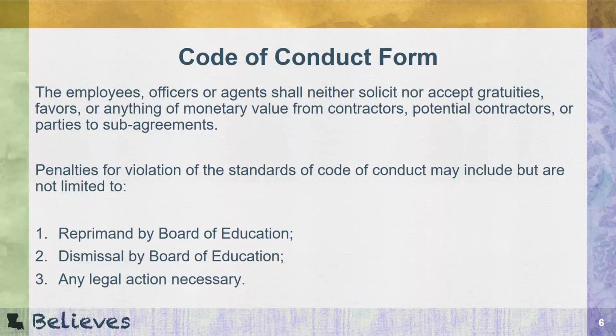Penalties for violation of the standards of code of conduct may include, but are not limited to, reprimand by the Department of Education, dismissal by the Department of Education, or any legal action that's necessary.